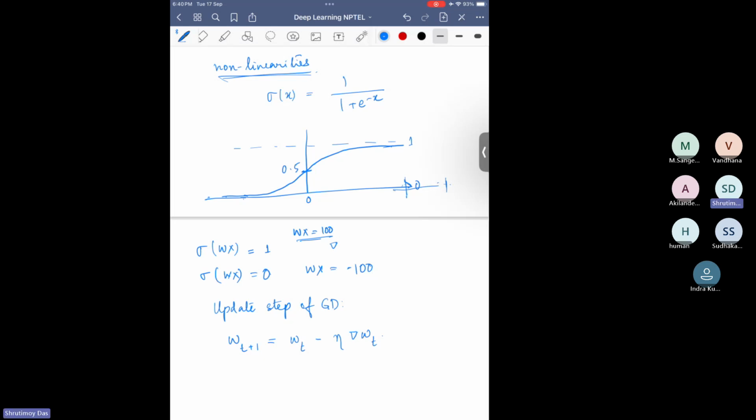As you see, the slope at this point becomes almost 0, because you have just a flat line in this case.